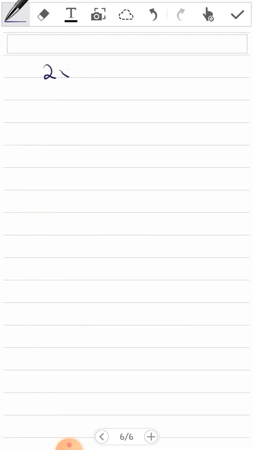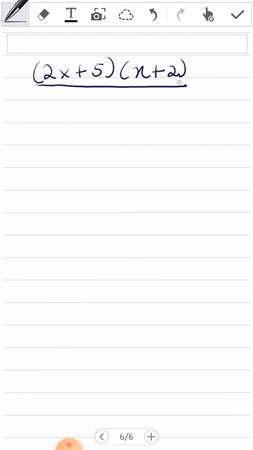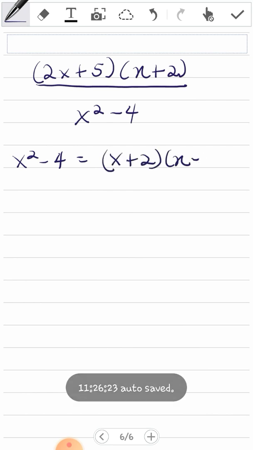So I'm going to get 2x plus 5, x plus 2, over x squared minus 4. Okay, so x squared minus 4, we have to solve it. From difference of two squares, x squared minus 4 is x plus 2 times x minus 2.